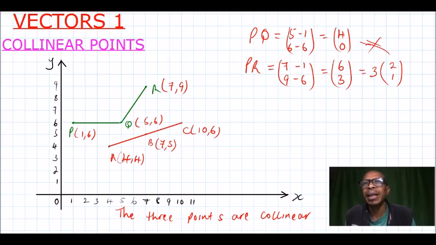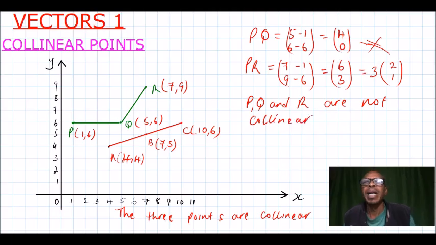So we say P, Q, and R are not collinear. Hope you get that. P, Q, and R are not collinear because we cannot express PQ as a scalar multiple of PR.